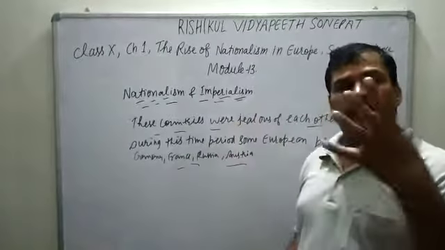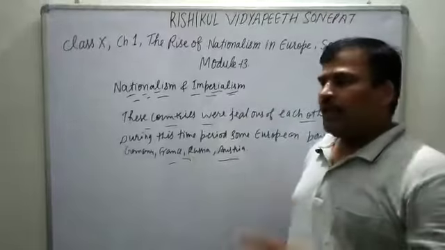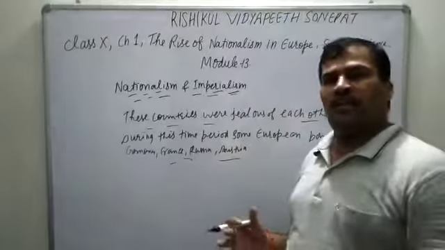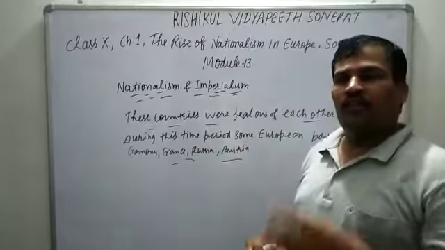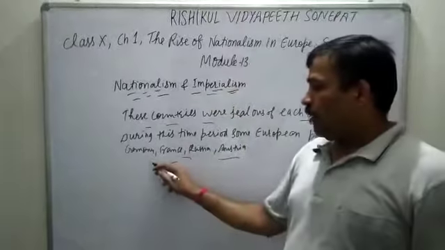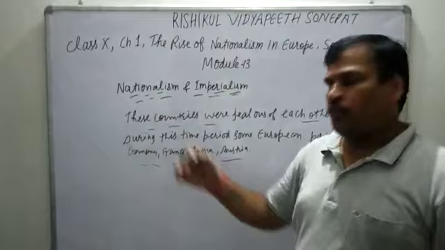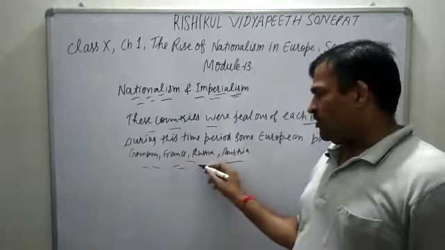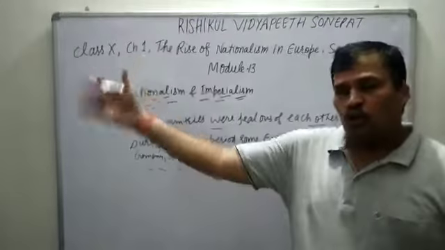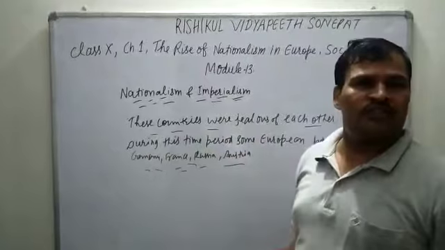Now they were searching for countries where they could invest their production and resources. They were on a hunt for markets to consume their production. So due to this, they started to colonize these Balkan states.